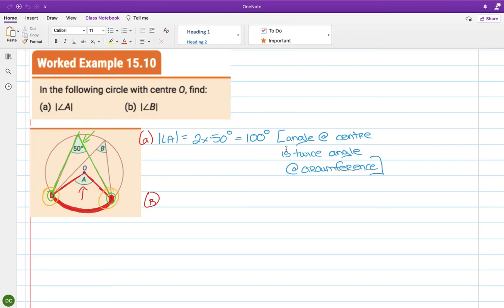It does. It goes from that point up and continues right up to the circumference. So this angle here and this angle here are both standing on the same arc and they both continue to the circumference, which means they're the same. So angle B is also equal to 50 degrees because they are angles standing on the same arc.